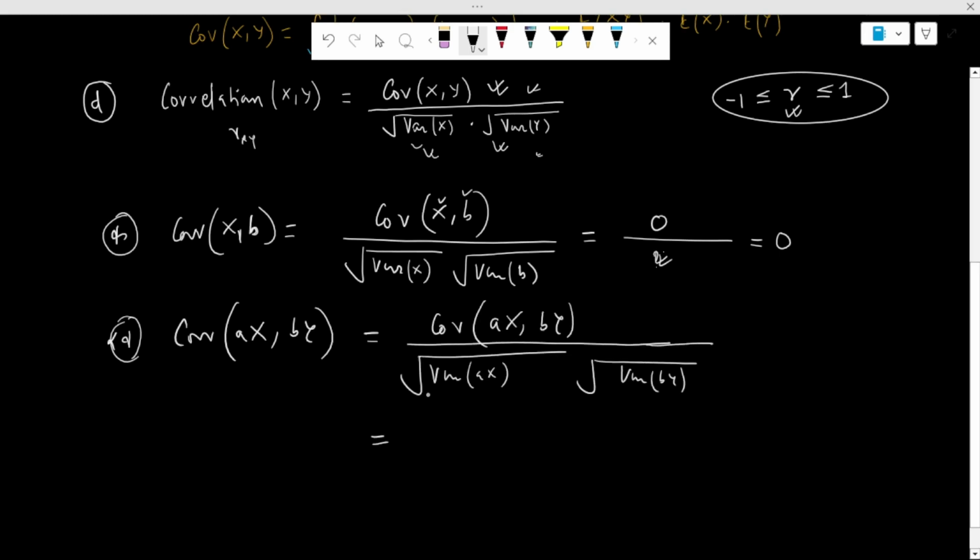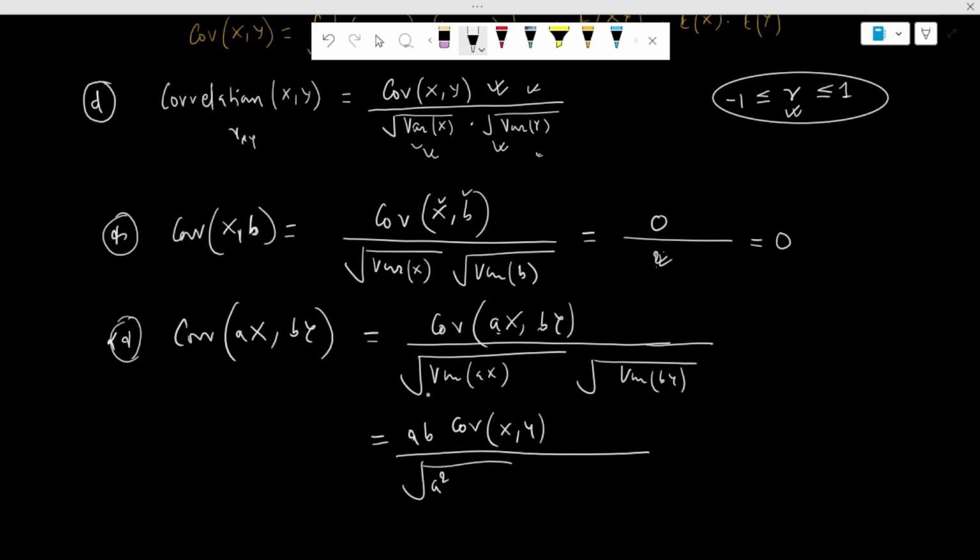The covariance is proportional to the product of the scales. We have seen this property also in our earlier video. And covariance of xy, similarly, variance of ax is equal to a square variance of x, and very similarly we can write b square variance of y.